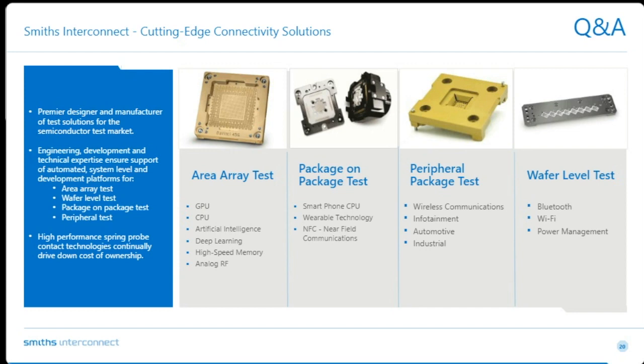So next one, is it possible to make a coaxial socket for a 0.30 millimeter pitch? Sorry, Steve, I'm just going to jump in on this one also. Currently, we don't have 300 micron pitch available in the coaxial structure. It's something that's on our roadmap.